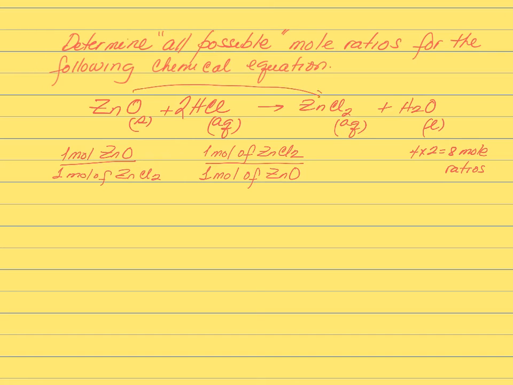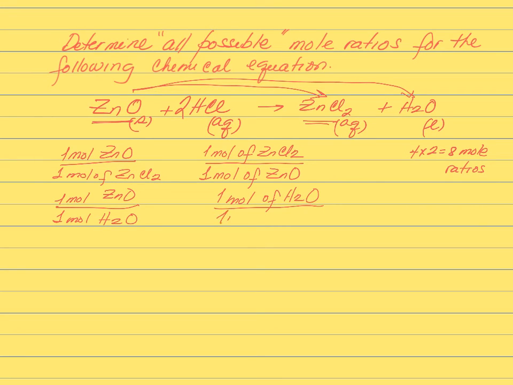I'm going to apply the distributive property because I don't want to get confused. First reactant with the first product. First reactant with the second product. So 1 mole of zinc oxide will yield 1 mole of water. And the reciprocal, 1 mole of water will be obtained if 1 mole of zinc oxide was reacted.